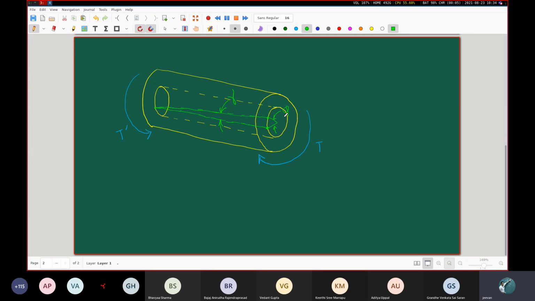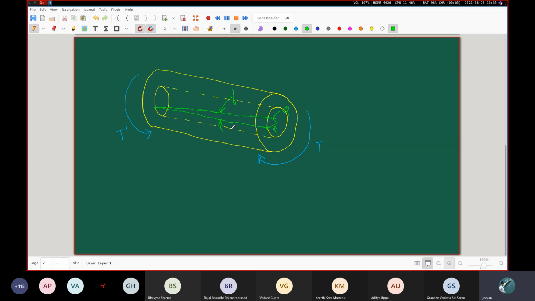Had you considered a circle of slightly larger radius, or even the outer circle on which there would be a corresponding material point, that material point would have moved out and there would have been an angle subtended from this point. That angle value would have been different from this gamma value.